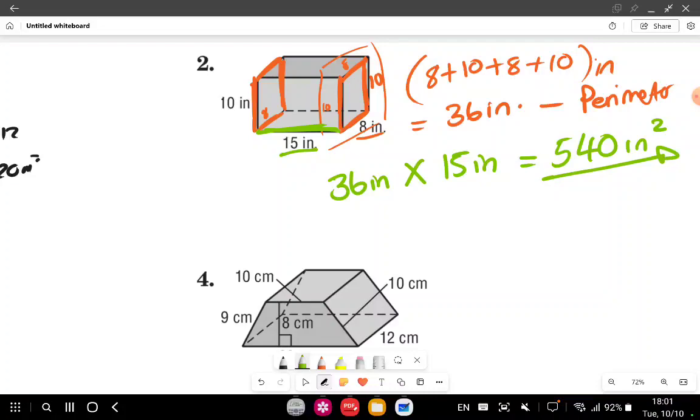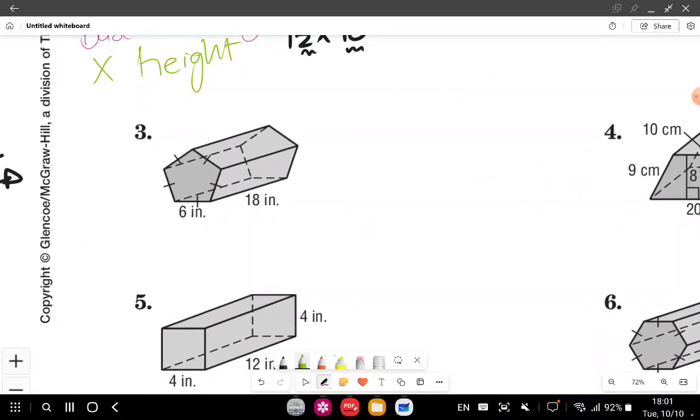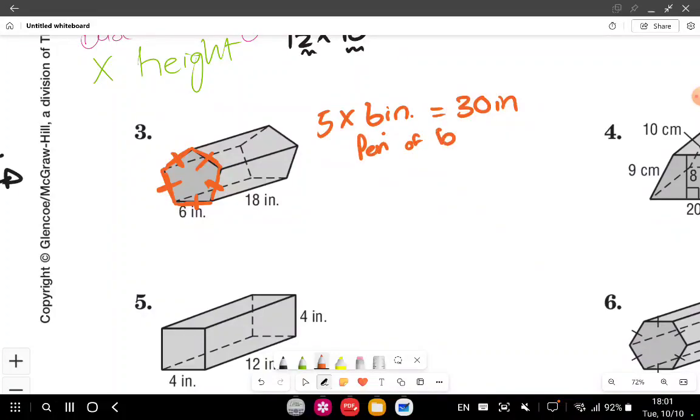Okay, let's do question number 3. Again, we need to first identify the base. So my base is a pentagon. And not only is it a pentagon, it's an equilateral pentagon because all 5 sides are equal. So I've got 5 times 6 inches is going to give me 30 inches. That is going to be my perimeter of the base.